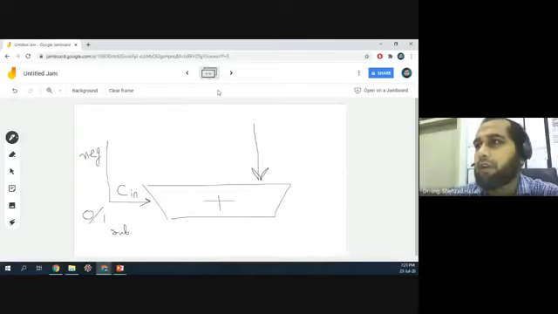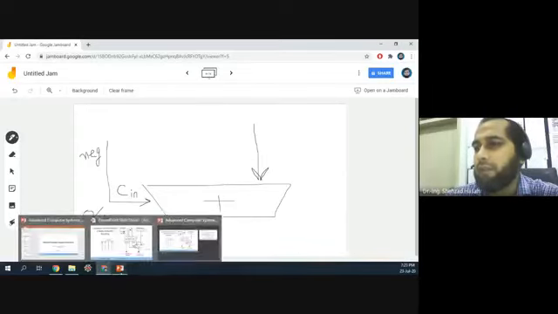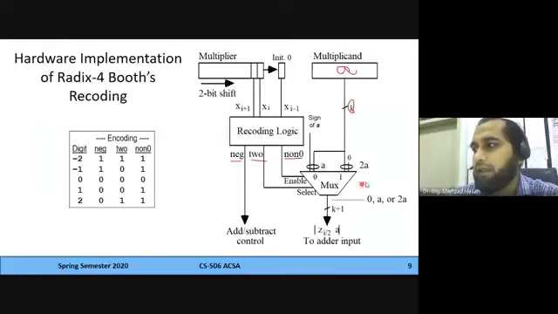One more thing that is required here is that this negate input is not only going into that adder, it is also going to control this complementary input.